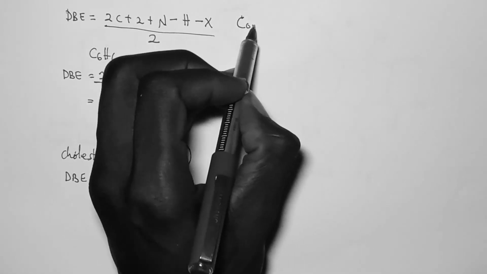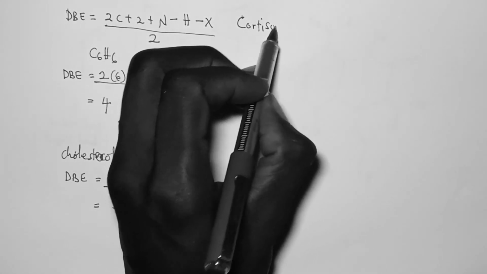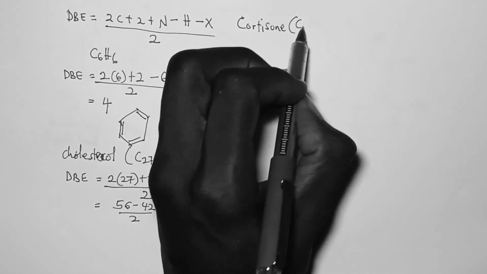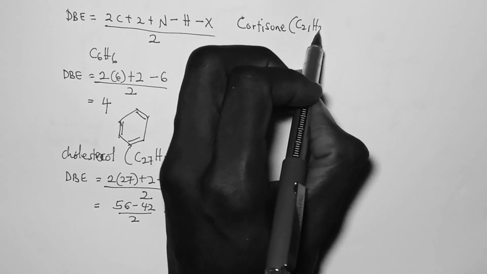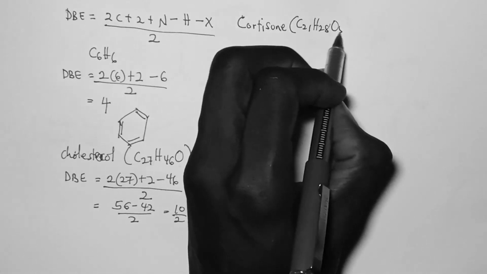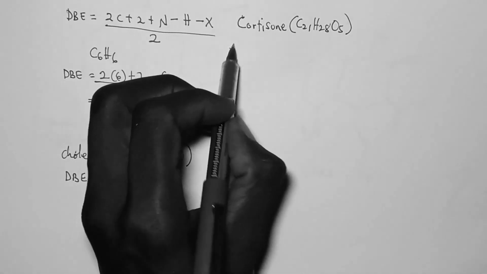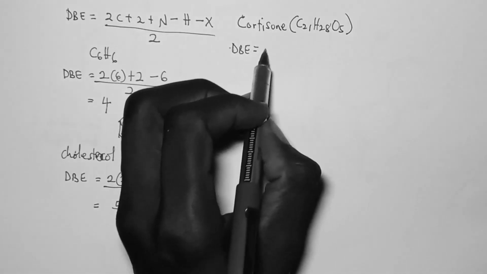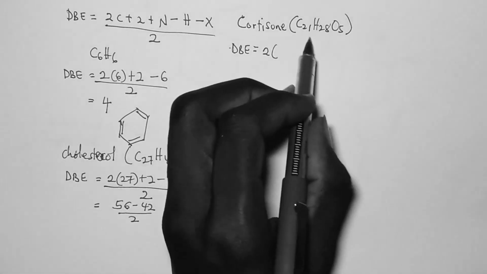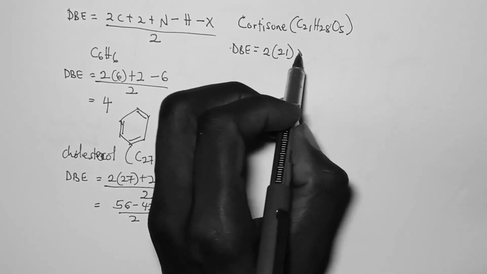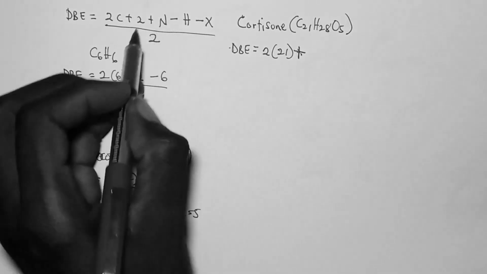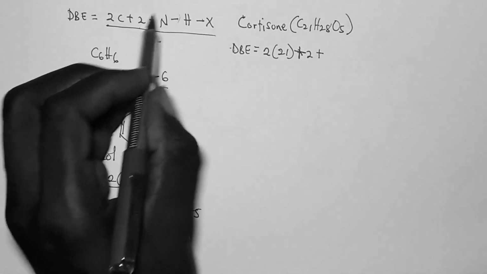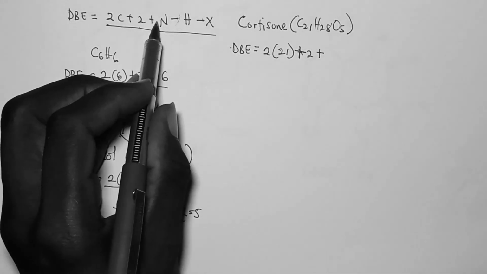Let's also calculate the number of double bond equivalents in cortisone. Cortisone has a molecular formula of C21H28O5. So the double bond equivalence using the same formula is equal to 2 times the number of carbons, and in this case it is 21, plus 2, then minus the number of nitrogens, which are not in this molecule, so it's 0.